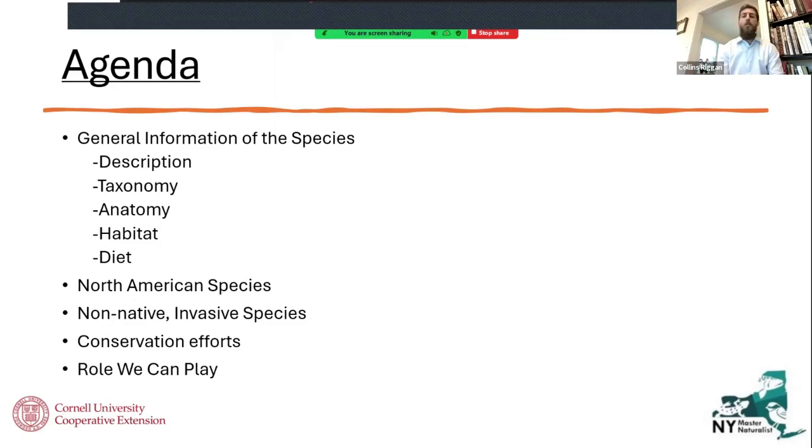And then I want to start moving into a general overview of the North American native species, throw in a couple of the non-natives. One of those two is actually the most common that you see in the country right now. And then I want to bring it home with conservation efforts and then talk about a few things that we can do to play a role in hopefully seeing an uptick in their population.